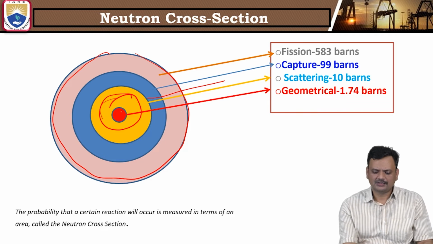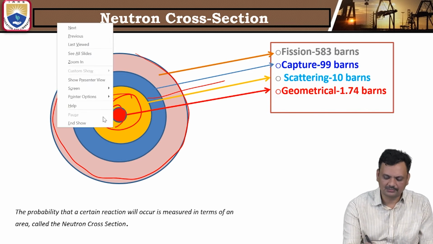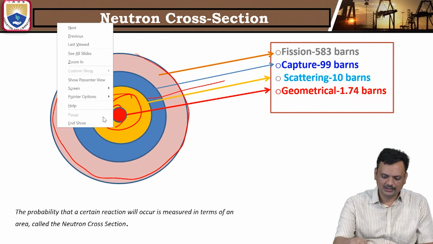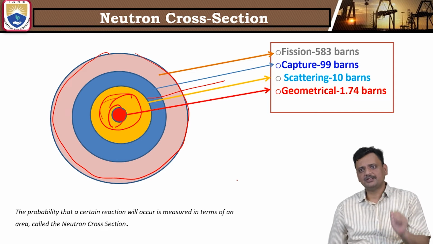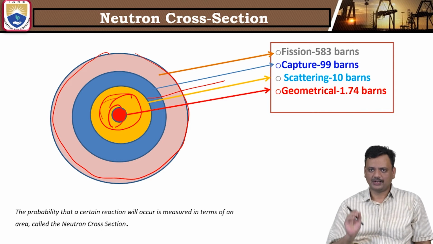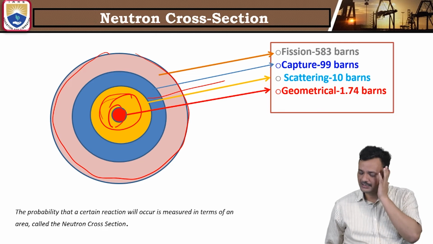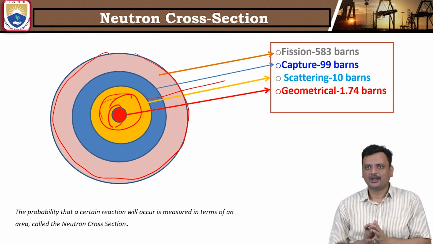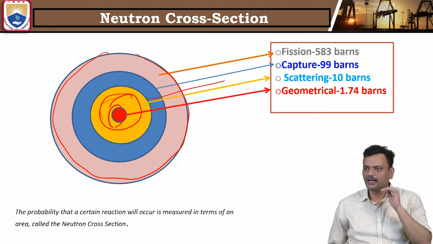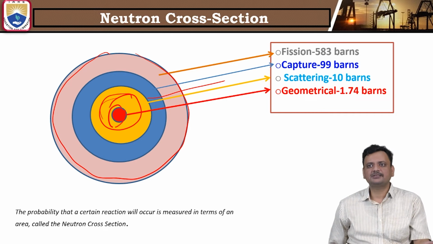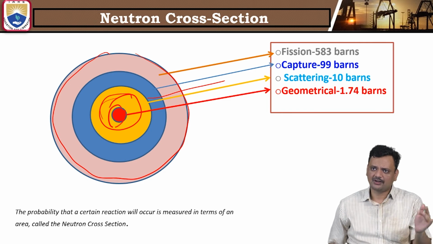Okay. And this is for the geometrical collision cross section. If you measure this dark red region, then it is the geometrical collision cross section. So cross section is an overall term. When we further classify this cross section by its specialty, means if the neutron goes for fission, then it is a fission cross section.